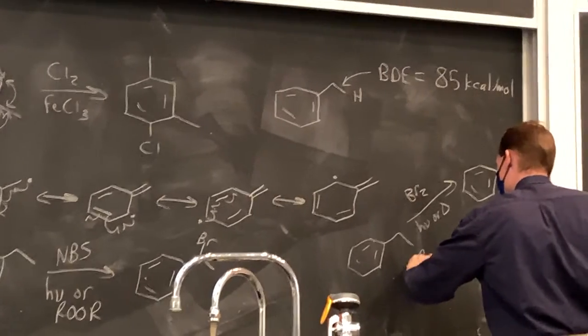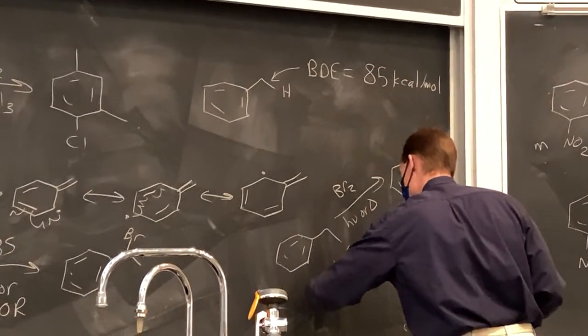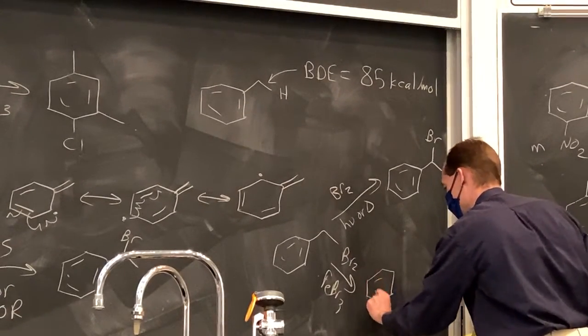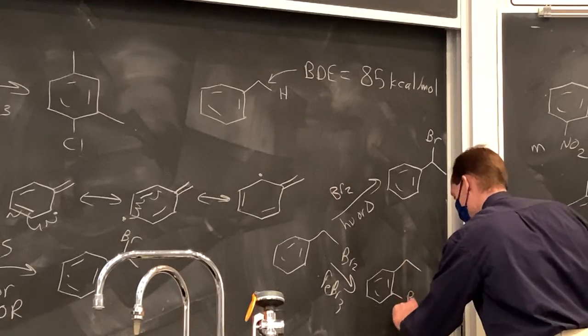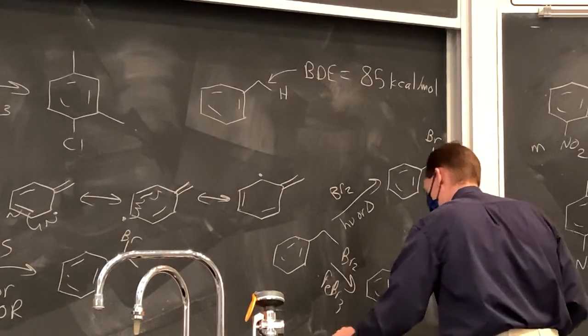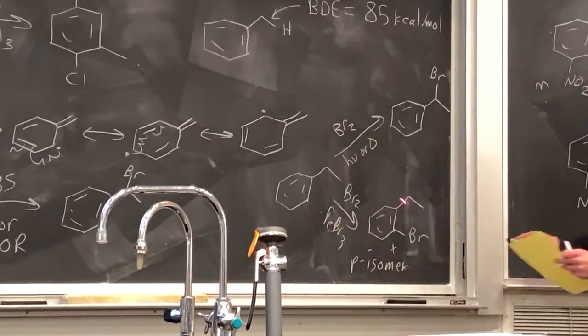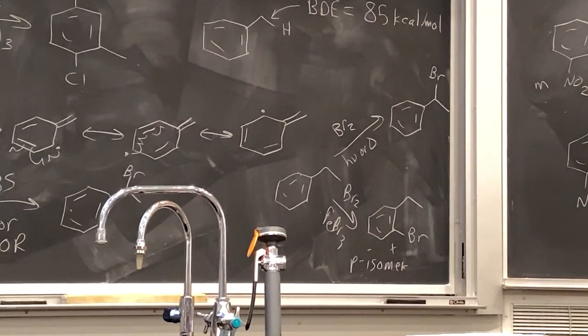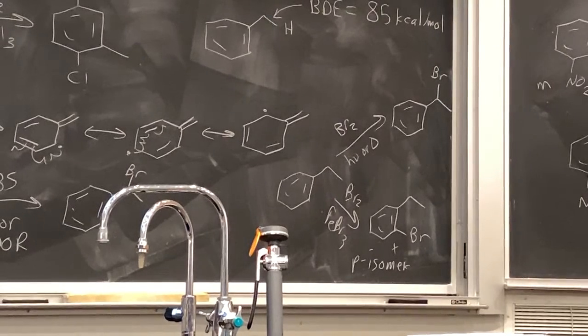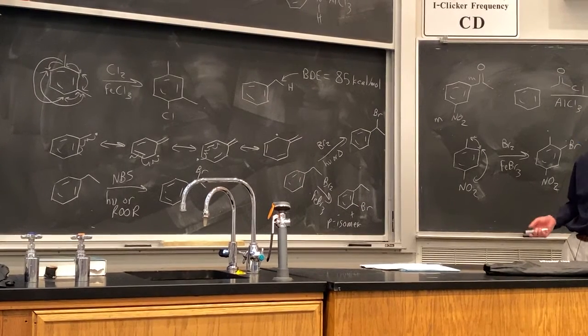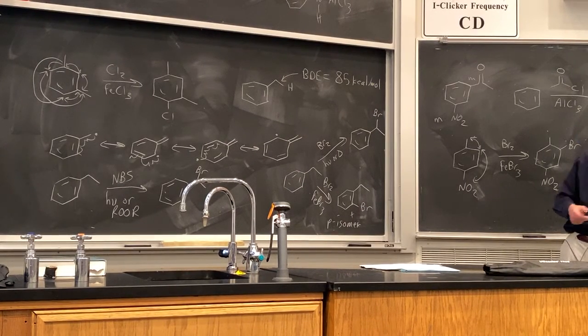And then, of course, if we use bromine and a Lewis acid, iron tribromide, then we're going to get the electrophilic aromatic substitution. And I'll just write, I'm running out of room here, so I'll just write para-isomer. We would have two different products in that case, okay? So bromine with heat or light, or NBS, will give us our benzylic bromination. Bromine with a Lewis acid will give us the electrophilic aromatic substitution.